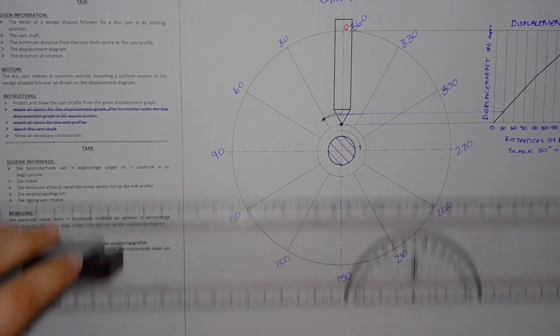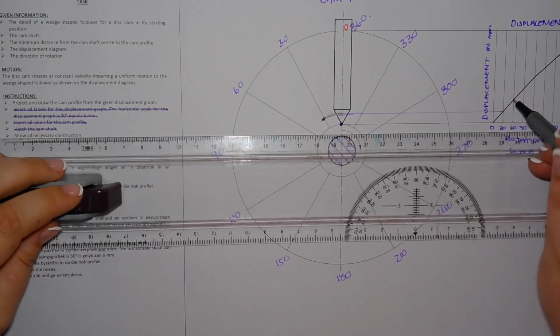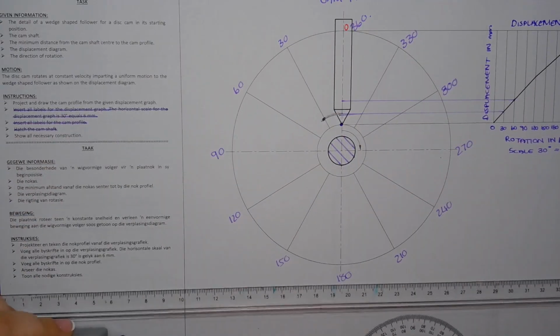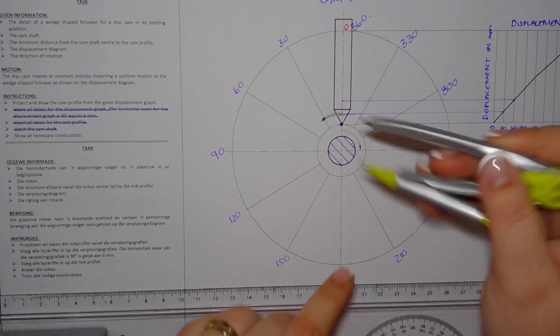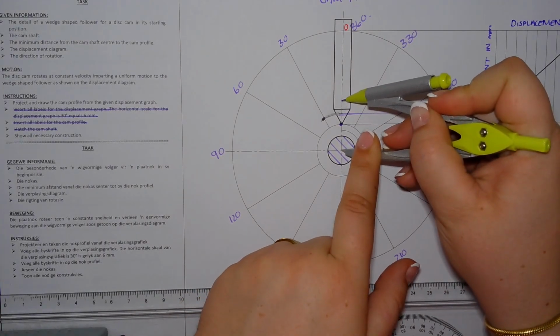I'm going to do the same for 60. Take my ruler up to where line 60 meets the graph. Project it to the center line. Sharp point in the middle. Open up to 60.